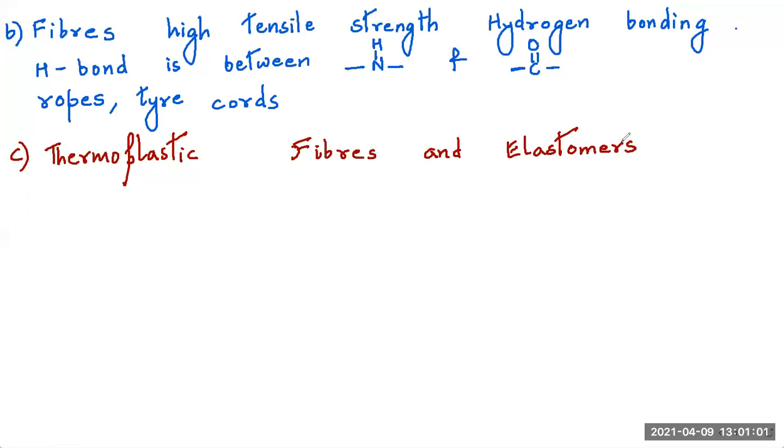Thermo means heat, and you know plastics on heating become soft, they melt. Something which becomes soft on heating and hard on cooling is a thermoplastic polymer. They can be remolded and recycled. They can be linear or branched.